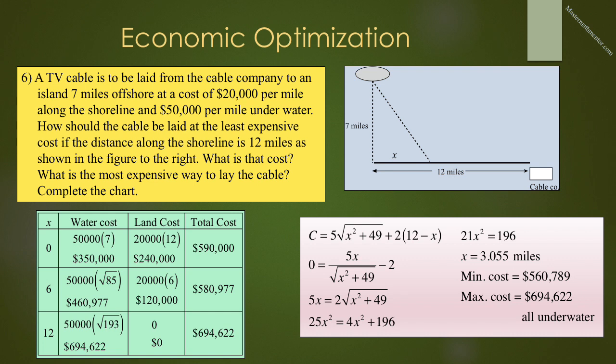So therefore, our derivative, we get 0 is equal to 5x over the square root of x squared plus 49 minus 2. When we cross multiply, we get 5x equals 2 square root of x squared plus 49, or 25x squared equals 4x squared plus 196. 21x squared is equal to 196, and therefore x is equal to 3.055 miles.